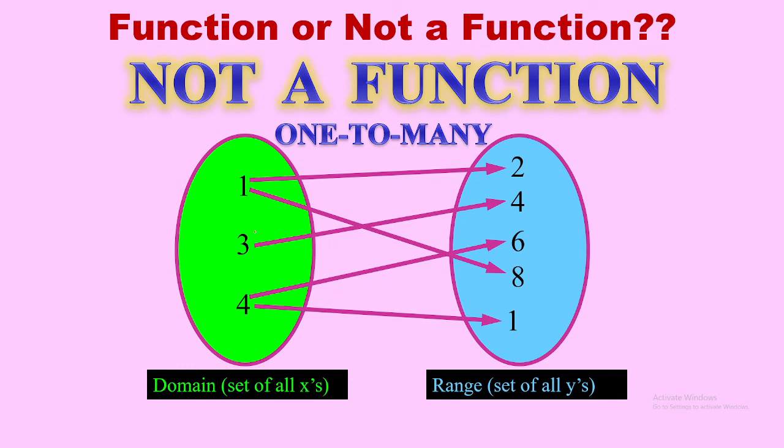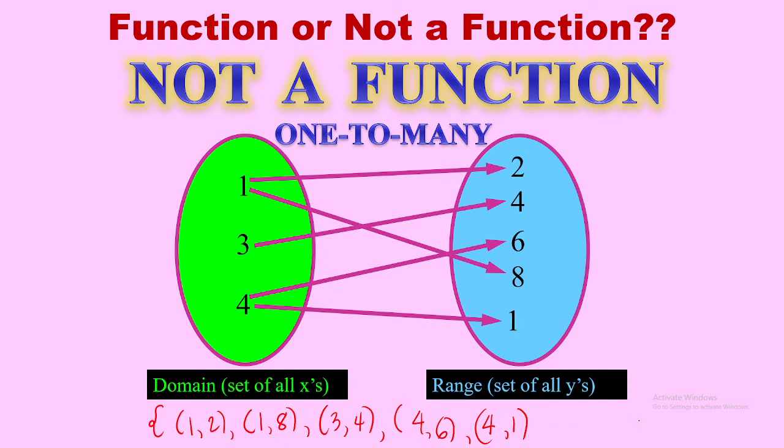Okay? Now let us write the set over here. I have here 1, 2. I have 1 and 8. I have 3 and 4. I am writing the ordered pairs: 4 and 6, 4 and 1. Now let's examine where the repetition is found.